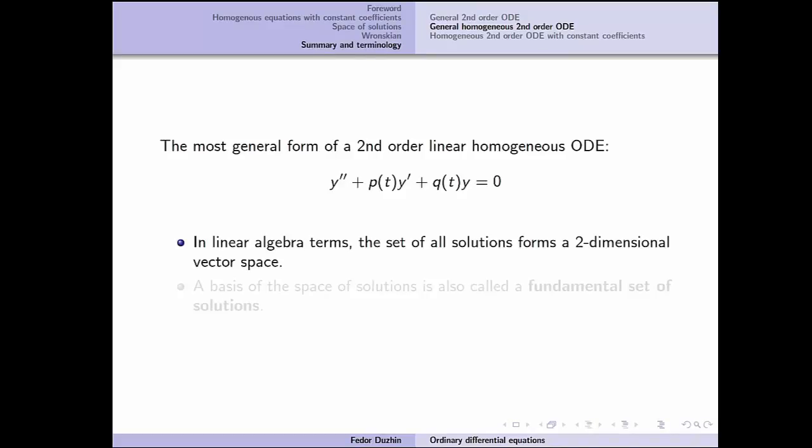So then the set of all solutions is a two-dimensional vector space. The fact that it is a vector space is quite simple. You directly verify that a linear combination of solutions is again a solution, and the fact that the dimension is 2 is because of the existence and uniqueness theorem.